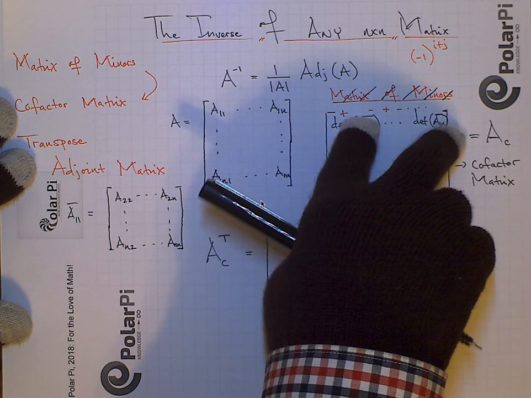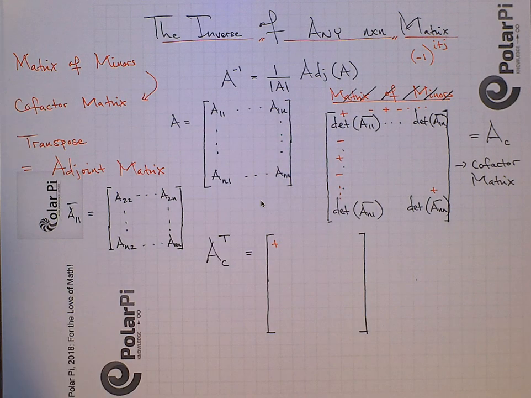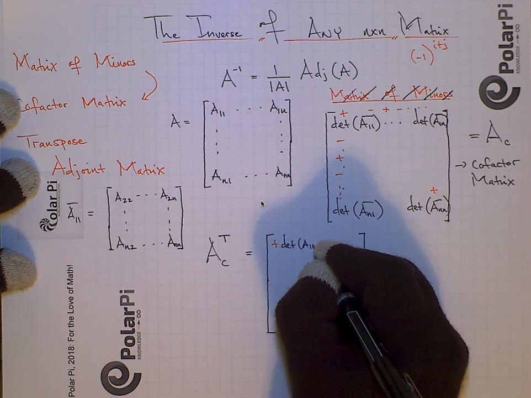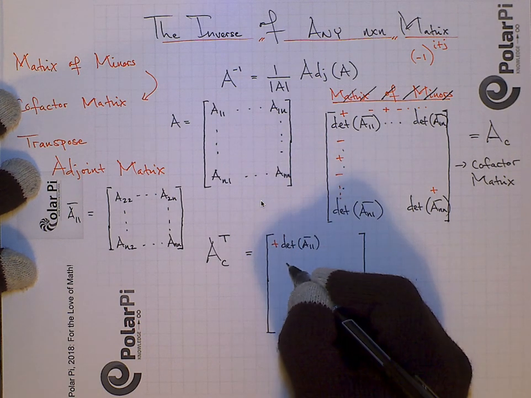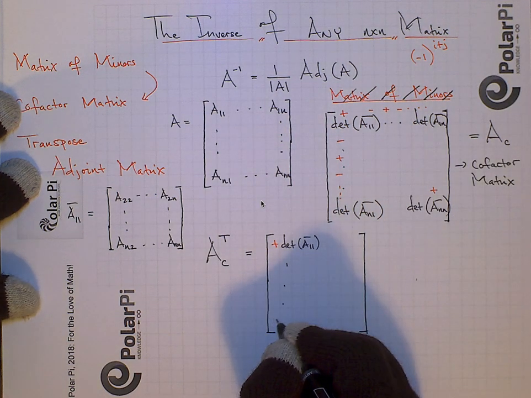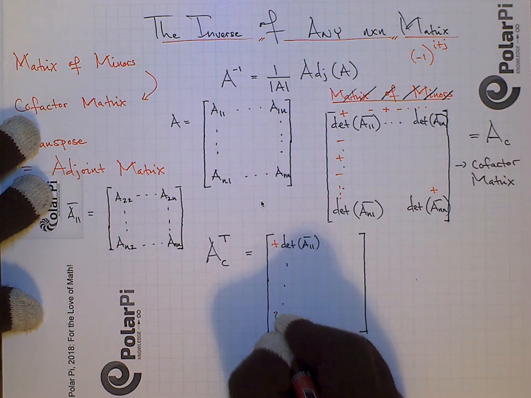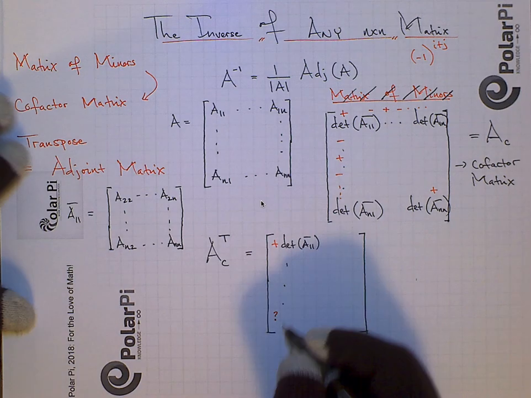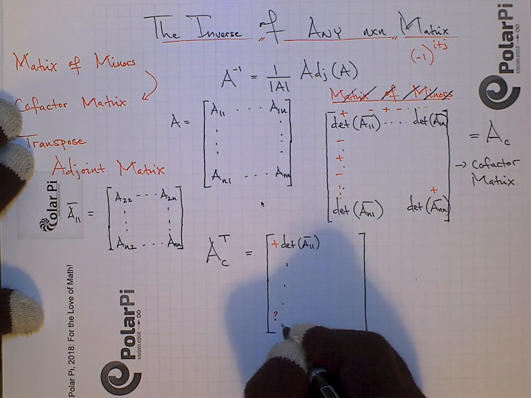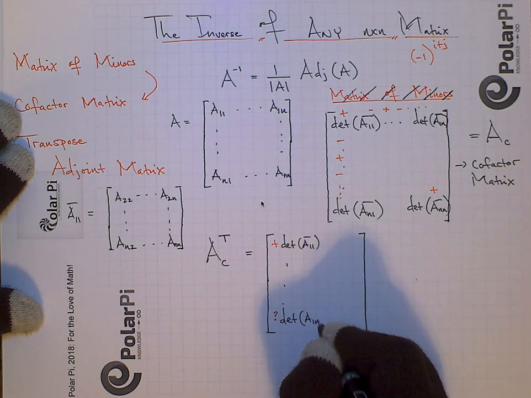So yeah, I take this guy, right? And so it's going to be positive, and it's going to be the determinant of A11 bar to start, but it's going to end here at the bottom, this time with that guy. So again, we can't tell if it's positive or negative, so I guess I could just say question mark. The question mark is for plus or minus, right? Question mark, but then otherwise determinant of A1n bar.